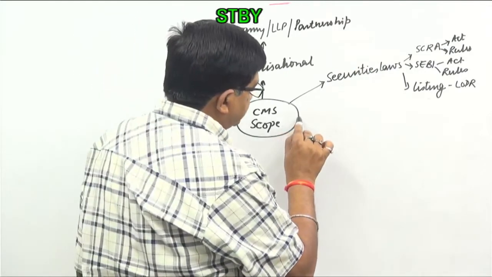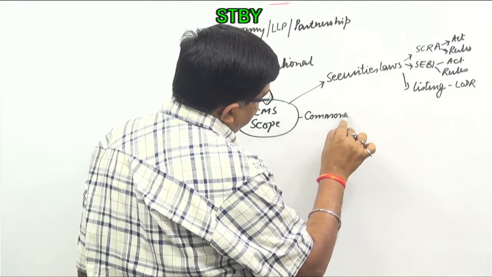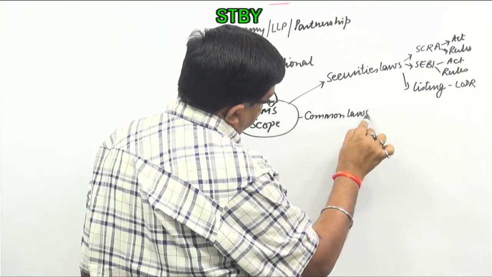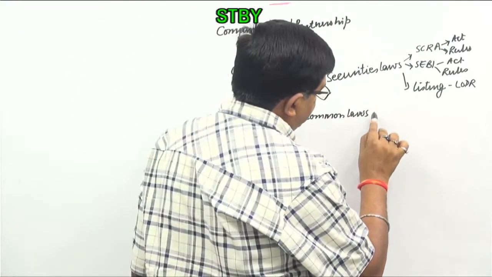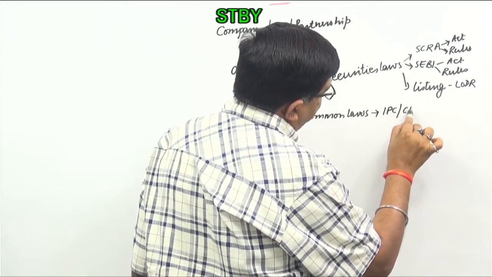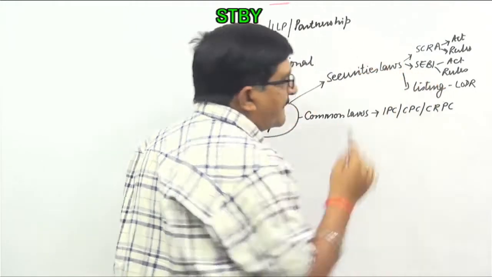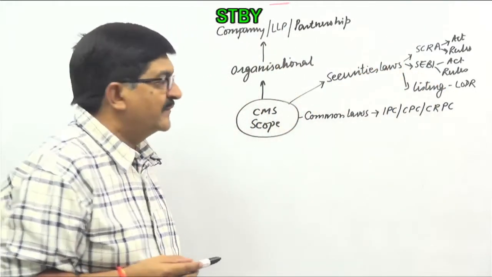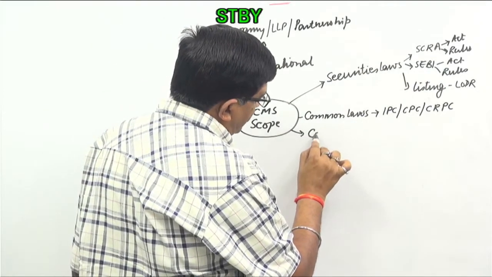Then there are certain common laws. In these common laws, IPC, CPC, CrPC, then we have commercial laws.